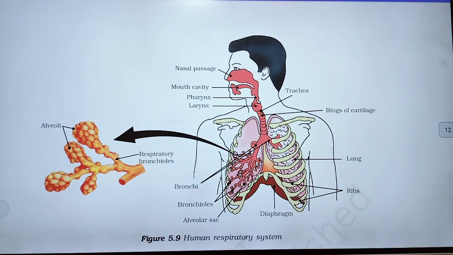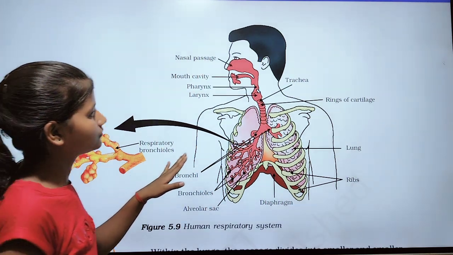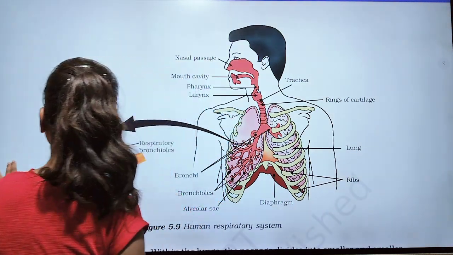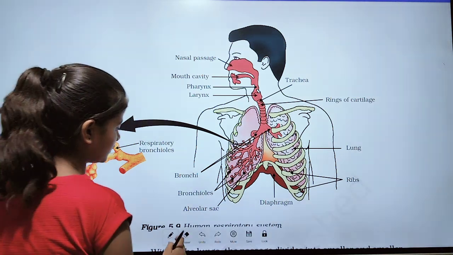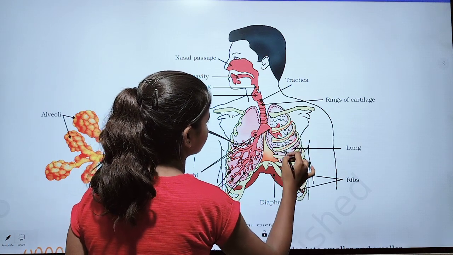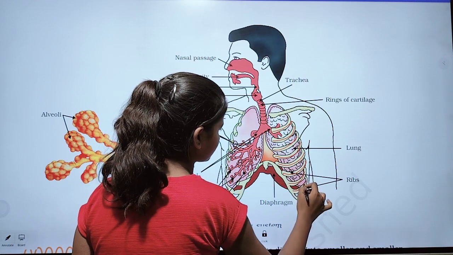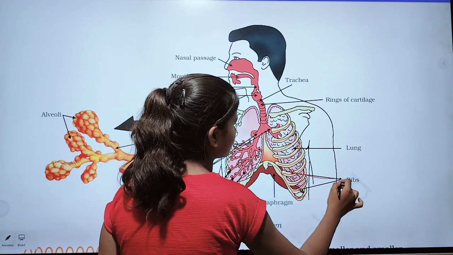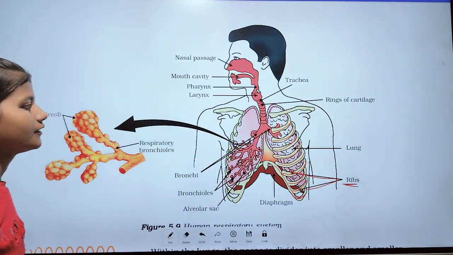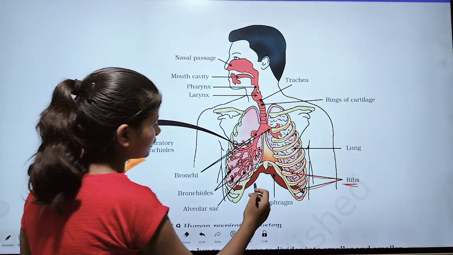When we breathe, we lift our ribs. This one is ribs, it protects our lungs. When we breathe, we lift our ribs and flatten our diaphragm.